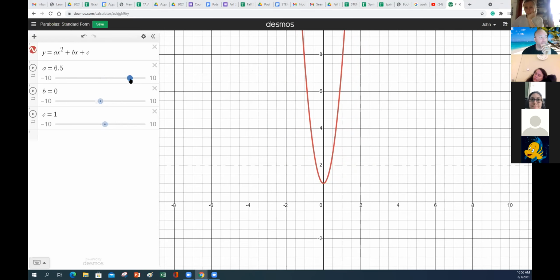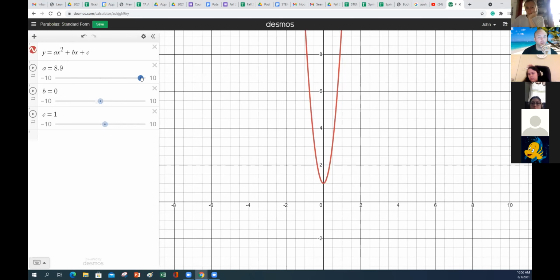Now, as it increases, what is my graph doing? Is it getting skinnier or is it getting wider? Skinnier, very good. Okay, so if we were to think about it in reverse, if A were to decrease, it should probably do what?